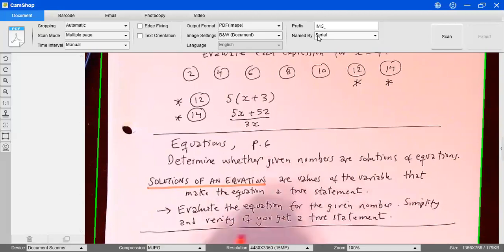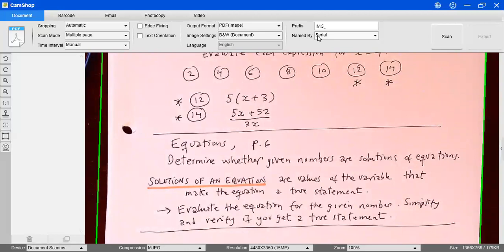We're going to simplify, and we need to verify that we get a true statement, because we said before that an equation is like a sentence, but a sentence can be false or the sentence can be true. So the equation is just a sentence, but we need to know whether the sentence is true or not. When you get a false statement, then the number that you use to evaluate the equation is not a solution.